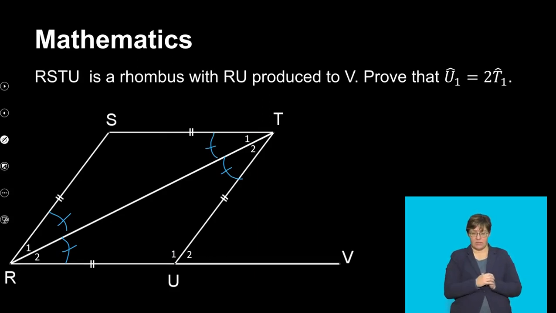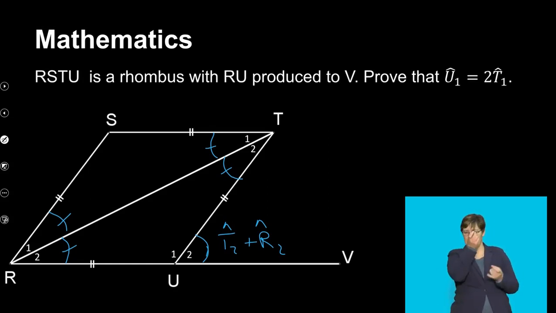And because of that, this angle here will be equal to T2 plus R2, because it's an exterior angle of a triangle. And then you can always talk about the other angles based on that. But for now, let's just see how we can use that after what I've just mentioned.